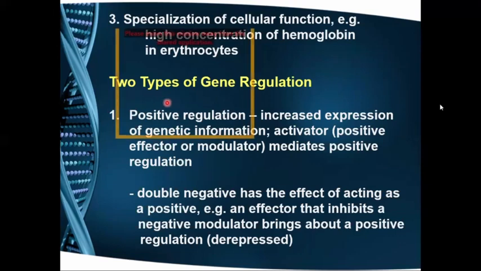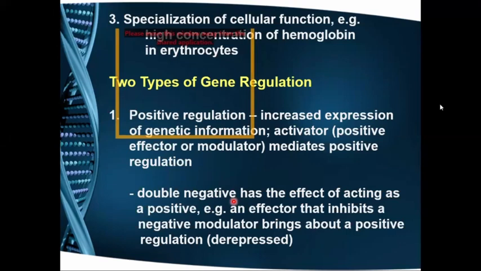So there are two types of gene regulation. Positive regulation means you stimulate gene expression. You increase gene expression. Now, there is such a thing as double negative regulation that eventually results in positive regulation.